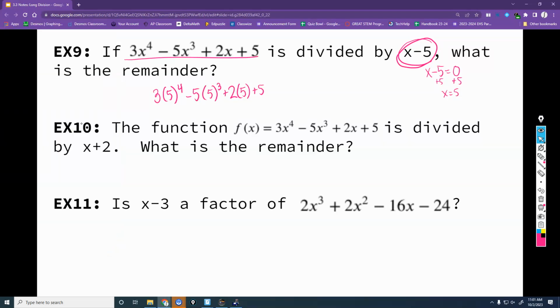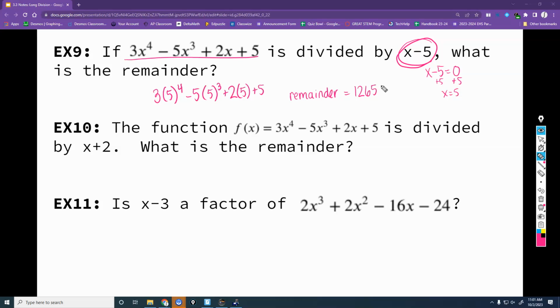So the remainder equals 1265. That would have been a terrible problem to do by hand too, because the numbers would keep getting bigger and bigger until you're dealing with stuff like 1265.